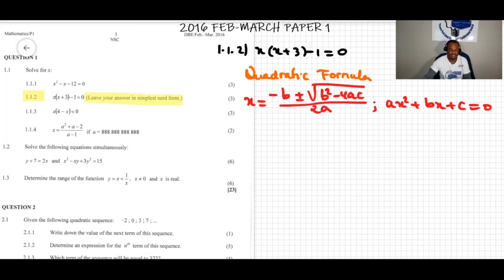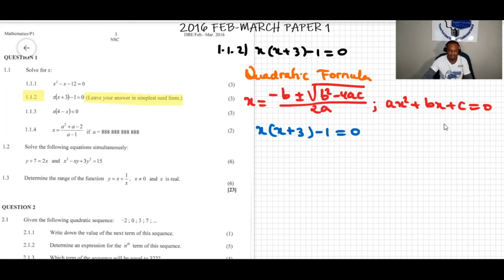Now, when I look at this equation, x open bracket x plus 3 minus 1, it doesn't look like a quadratic equation. I must transform it into the form ax squared plus bx plus c. First I'm going to expand the equation and then combine like terms, meaning simplify.